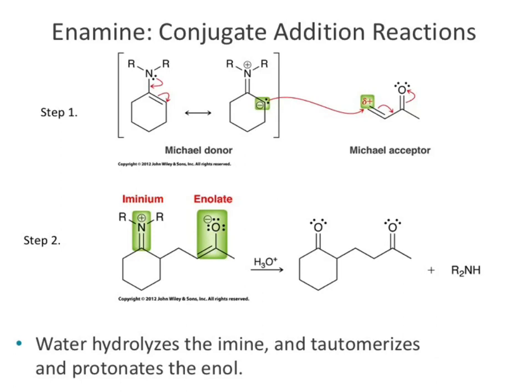How do I get rid of the enamine? Once I've formed the enamine, they're referencing it here as the iminium.